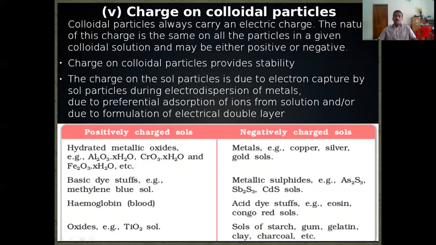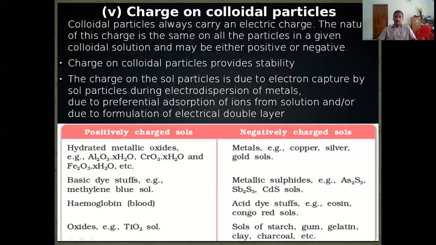How are the colloidal particles developing this charge? The charge on the sol particle is due to electron capture by the sol particles during electrical dispersion of metals. Electrical dispersion, Bredig's arc method, you may remember.